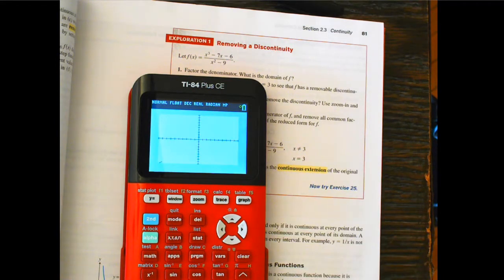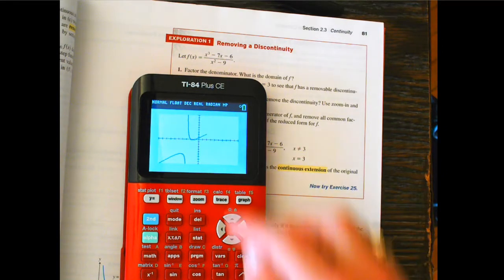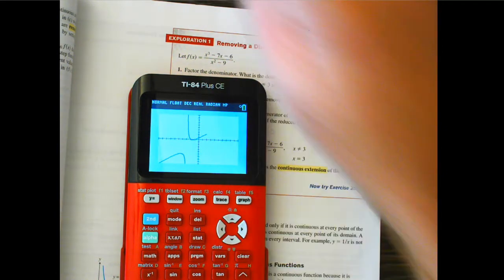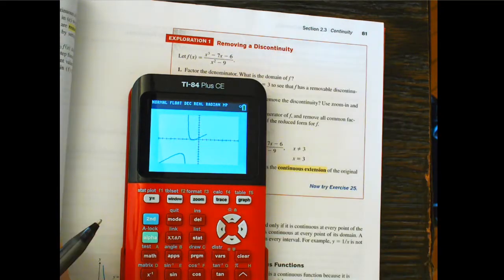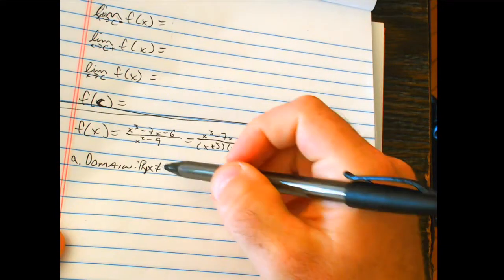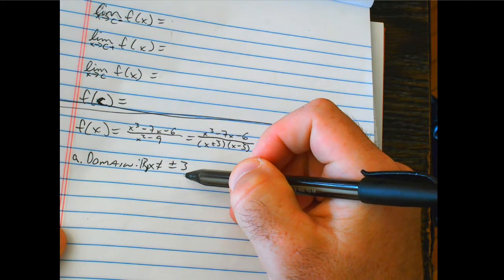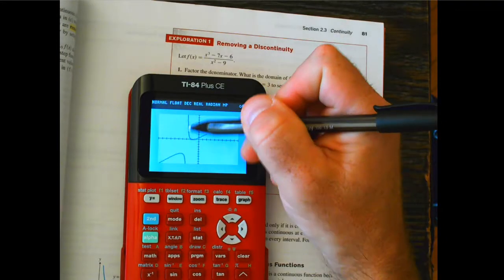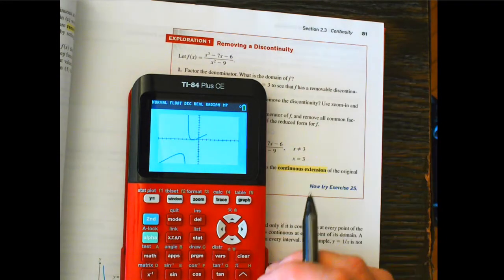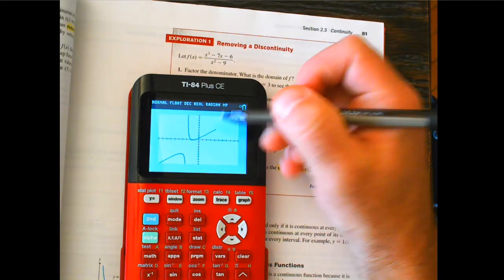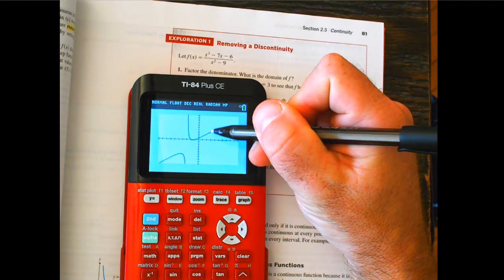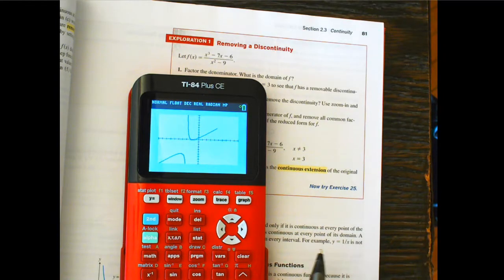I hit graph, and it graphs slowly, so I can see that infinite discontinuity right at x equals negative 3. Remember, we said the domain is all reals where x is not equal to plus or minus 3. So that negative 3 is right here as an infinite discontinuity. I keep graphing. Ooh, but at x equals 3, it looks like this function is continuous.